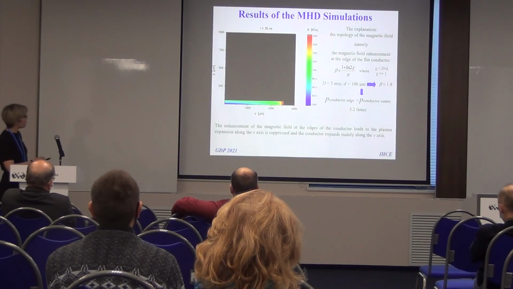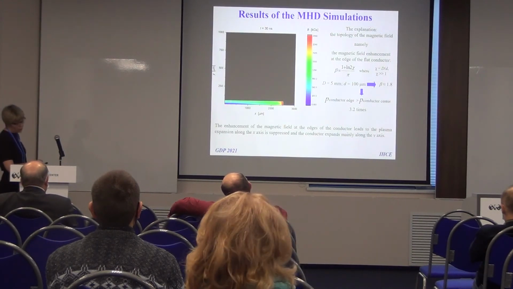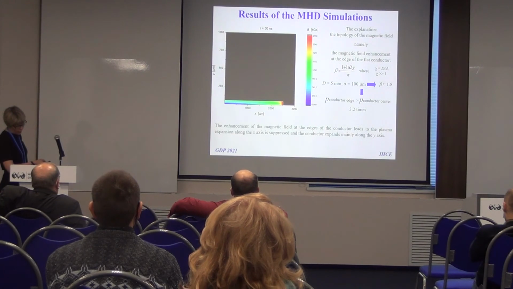You can see the simulated enhancement of the magnetic field at the edges of the conductor. The enhancement of the magnetic field at the edges leads to expansion of the plasma along the y-axis, while the expansion along the x-axis is suppressed.